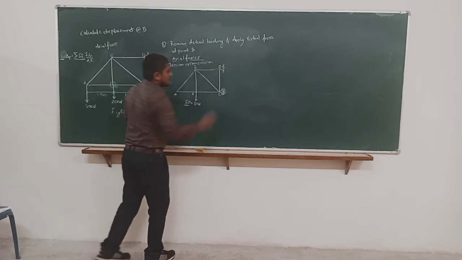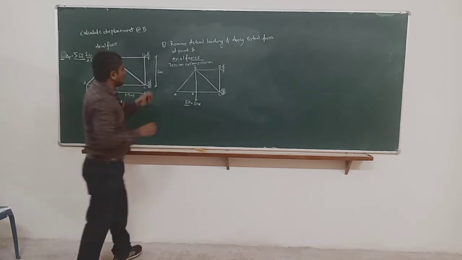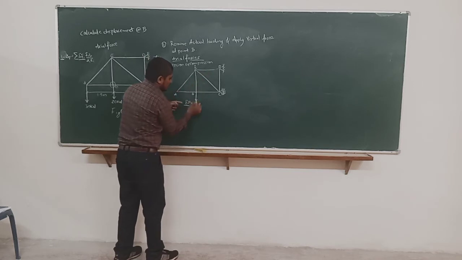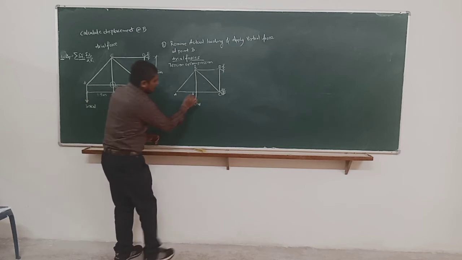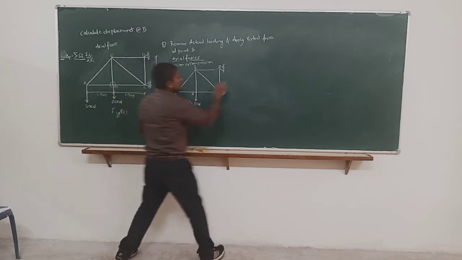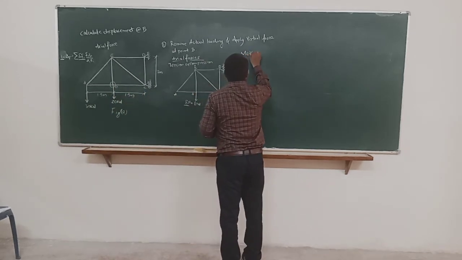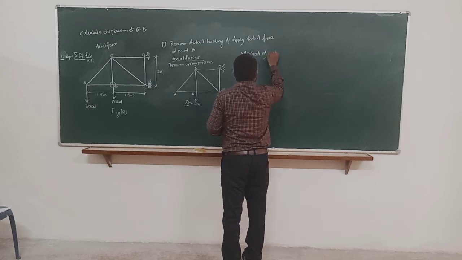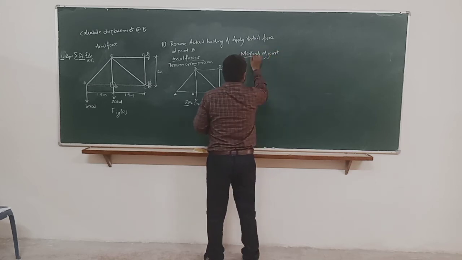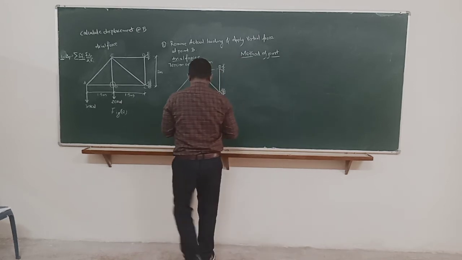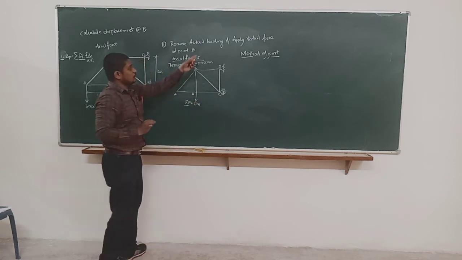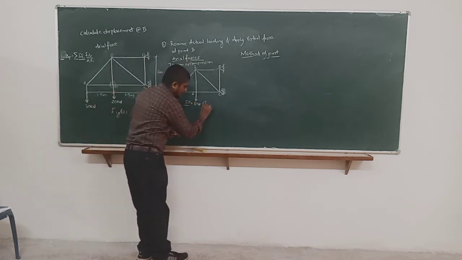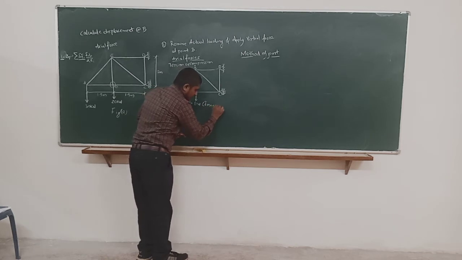There is a method called the method of joints to calculate these axial forces inside the members due to the application of any external load acting at the joint. By using the method of joints, we are going to calculate all the member forces due to the application of this 1 kilonewton virtual force, that is, the imaginary force.